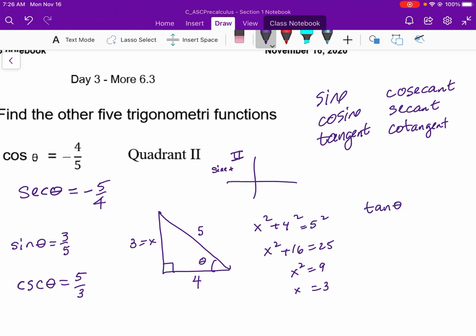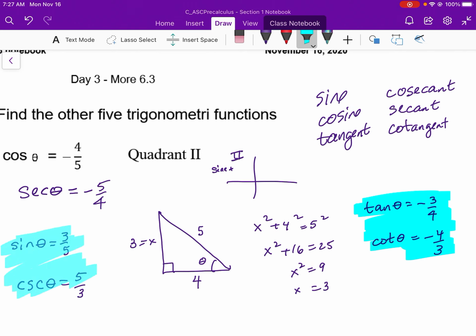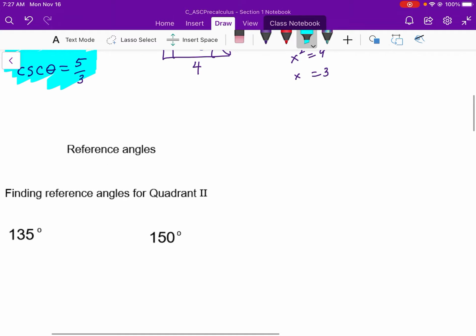And then tangent is going to be negative, and it's opposite over adjacent, TOA, so that's -3/4. And then cotangent is the reciprocal of this, so it's -4/3. So those are my other 5 function values. The quadrant tells me the sign, whether it's positive or negative.